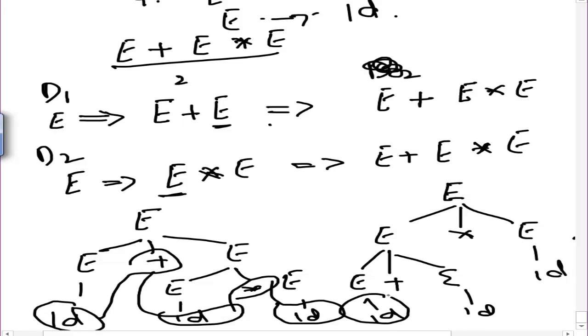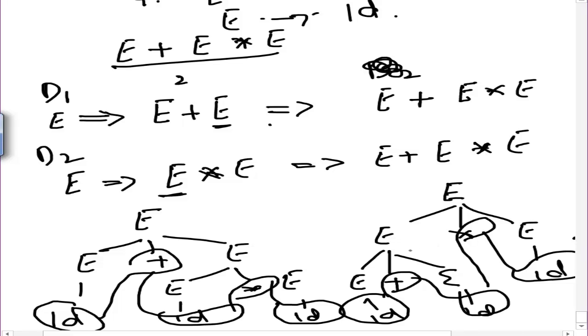Now this gets ID plus ID times ID, which is the same ID plus ID into ID, or E plus E into E. So the same sentential form but two different parse trees. I repeat that it is not the several derivations that make it dangerous, but the existence of several parse trees that actually ruins this grammar. We can say this grammar is ambiguous because we got more than one parse tree.